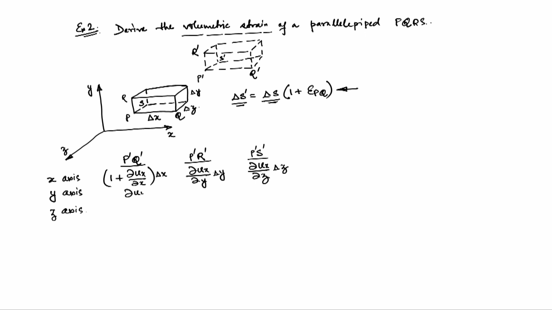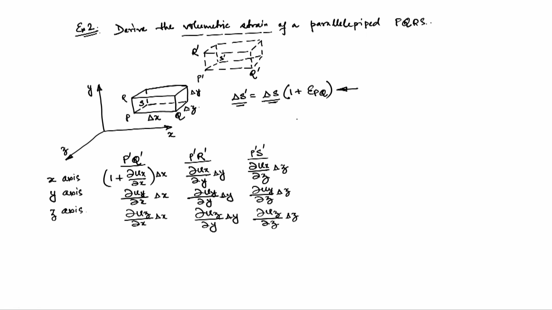Likewise, we can populate all other components. Right. Now, what we have to find out? We have to find out the initial and final volume. If we do that, we can easily evaluate the volumetric strain.